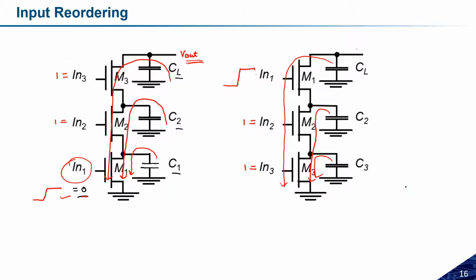Critical input means the one which decides the logic, which decides the function. If you know the critical input, you can keep that critical input very close to the output node, so that you will have the lower delay. Is there any question? This is really very important. Please take 1 minute and try to understand what I'm saying.